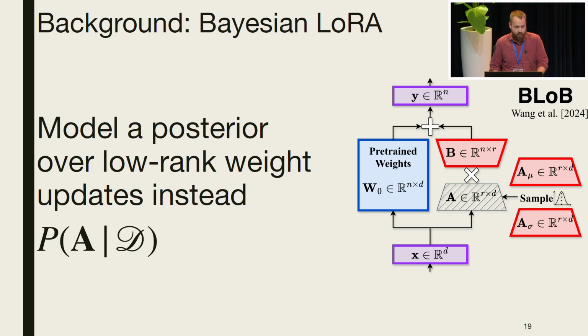So in the last couple of years, there's been work at merging these two separate fields where we have Bayesian LoRA. So rather than model a posterior over all of the model weights, we model a posterior over only the low-rank weight updates instead. So here I'm showing a figure from a method called Bayesian LoRA by backprop, or BLoB for short, where we approximate the posterior over A as a Gaussian distribution, which we can learn end-to-end using online variational inference.